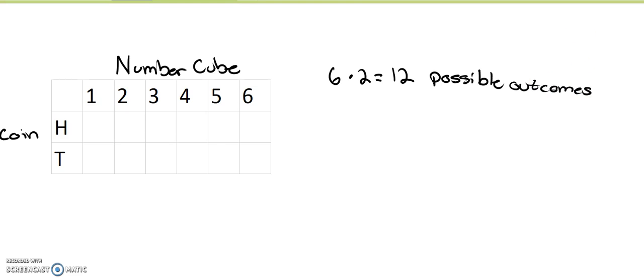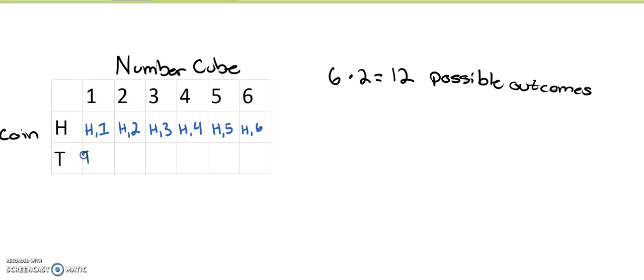Let's fill out our chart. We're going to fill out this chart exactly as we'd fill out a multiplication chart. I'm going to look horizontally and vertically to fill out this box. So I could flip that coin and land on heads, and then roll a 1, land on heads and then roll a 2, land on heads and roll a 3, land on heads and roll a 4, land on heads and roll a 5, or land on heads and roll a 6.